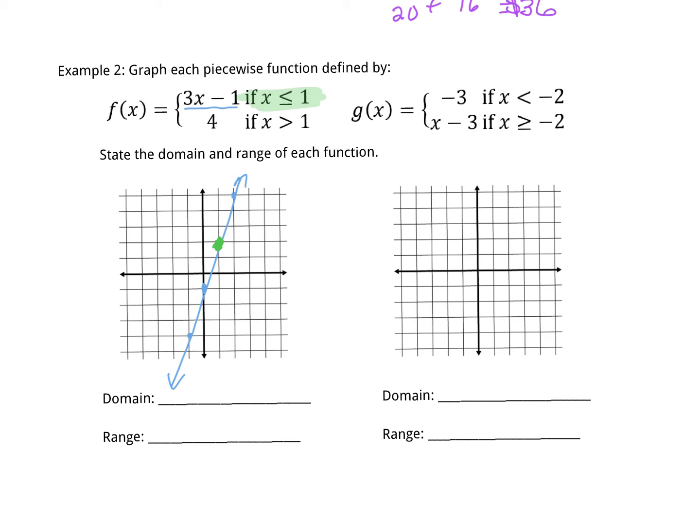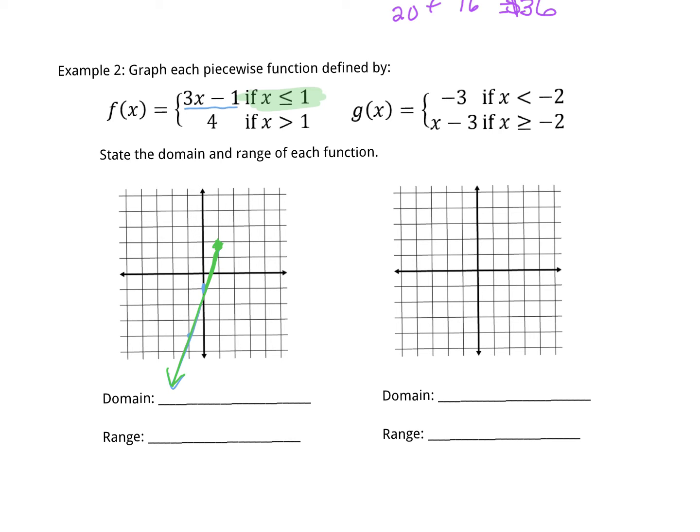We're looking at everything to the left of that, so that would be this part of the graph. So I'm going to erase this other part. I've drawn the full graph and erased the bit we need to get rid of.